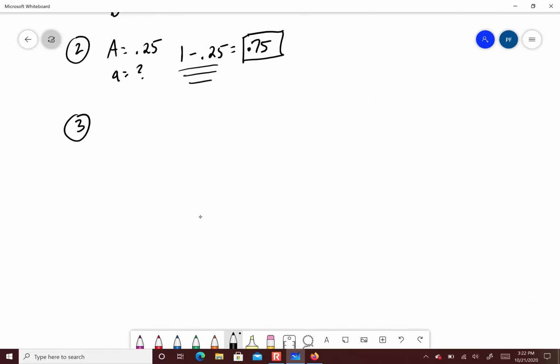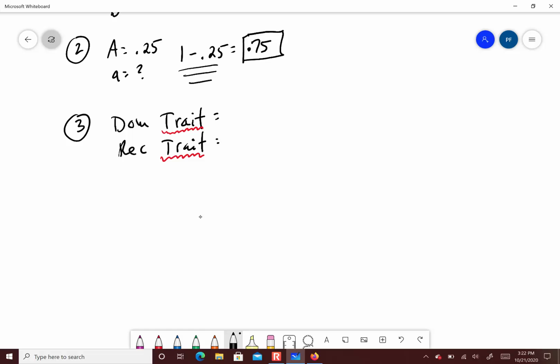Now the harder ones are when it looks like this. If we're talking about an entire population, so if we say we're going to have so many dominant traits and recessive traits, and notice I'm not telling you allele here, I'm telling you trait. That's different.